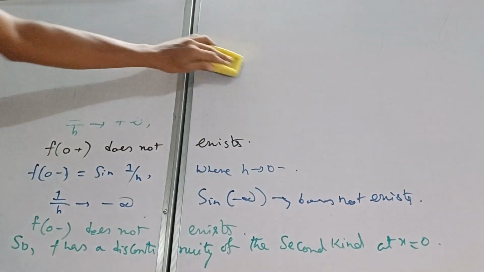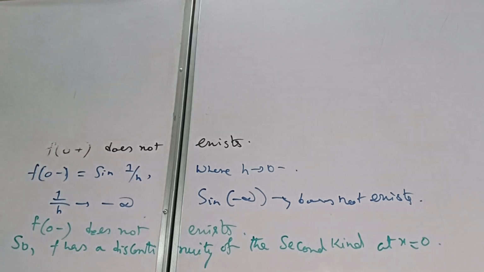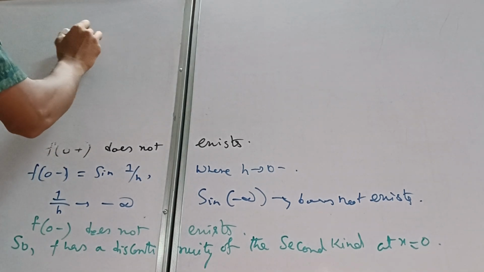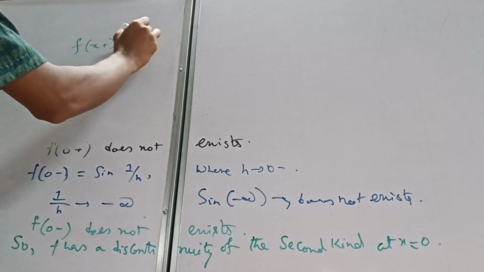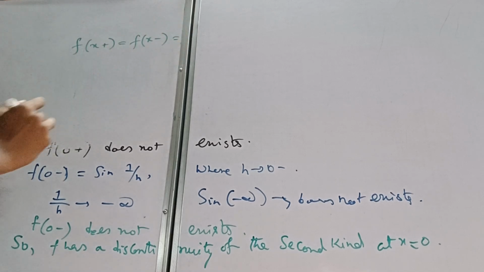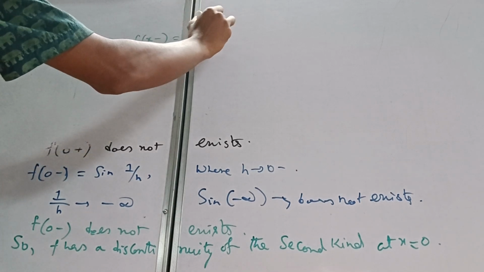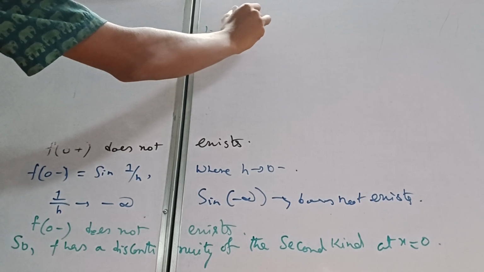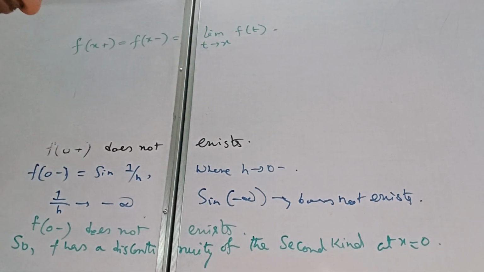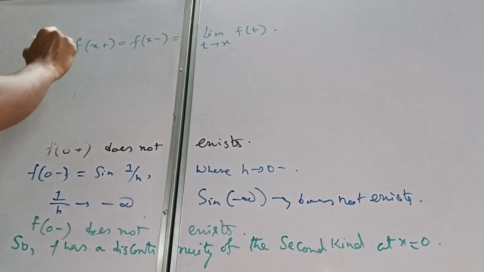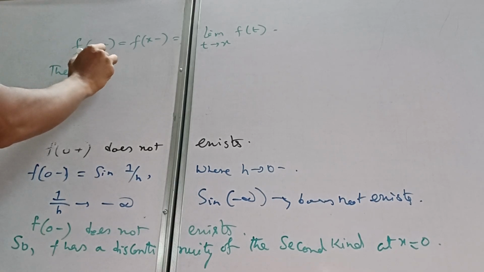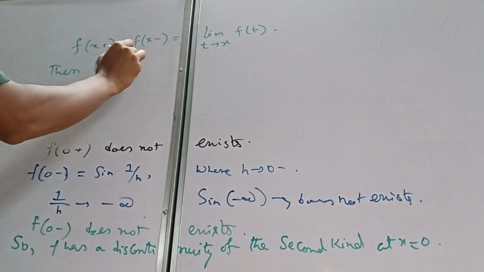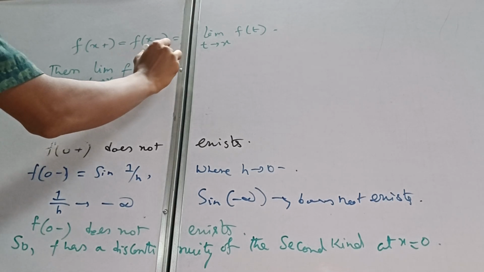We know that f(x+) and f(x-) equal the limit as t tends to x of f(t); we call it that if the limit as t tends to x of f(t) exists.